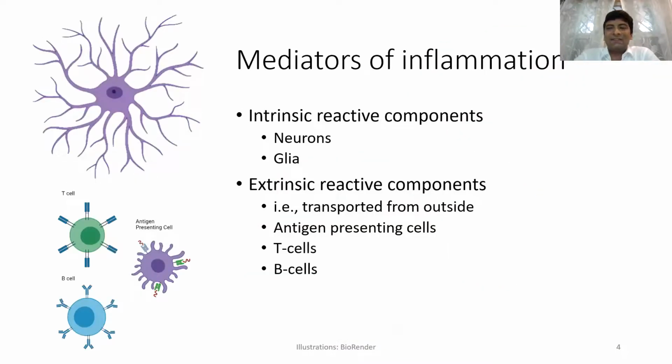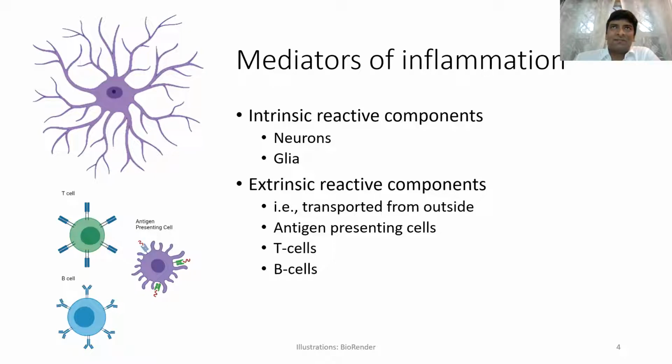And secondly, because brain tissue is peculiar. The intrinsic tissues of the brain, which are the neurons and glia, are themselves capable of mounting an inflammatory response, as opposed to other tissues where the inflammatory response is mainly mounted by extrinsic components like T cells, B cells, antigen presenting cells, and other immune cells. So that's very important to understand.